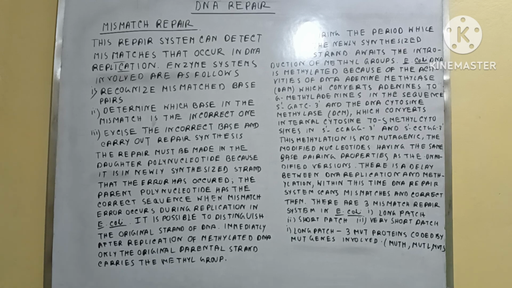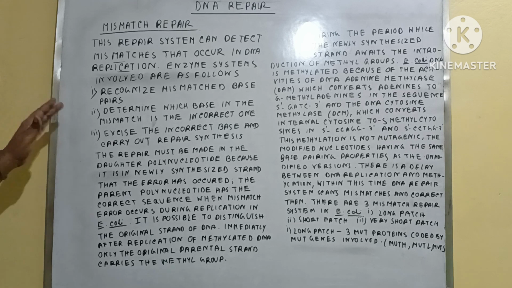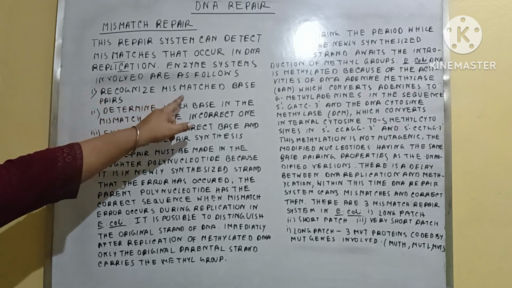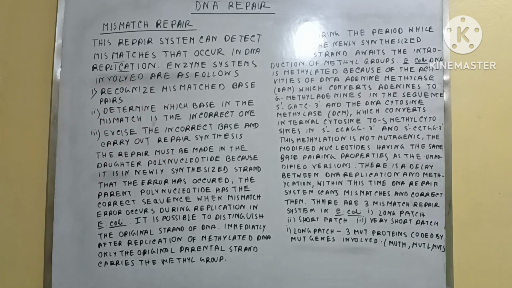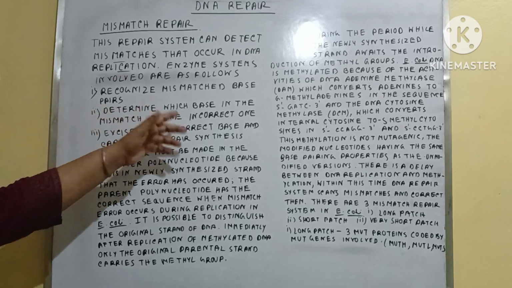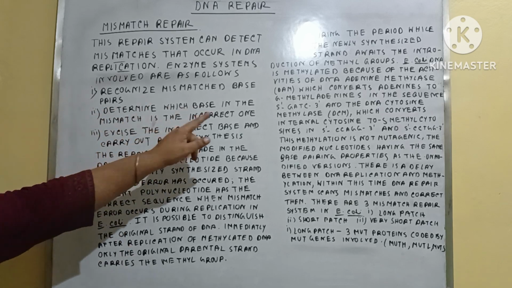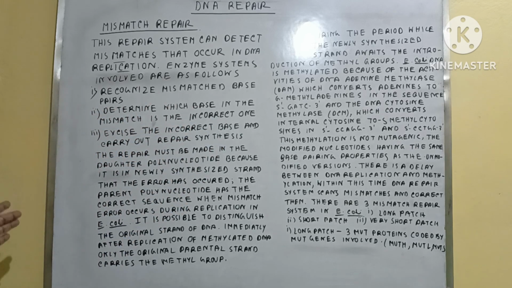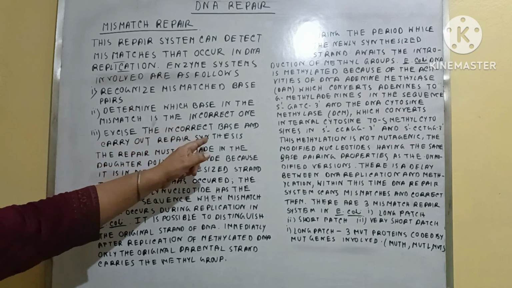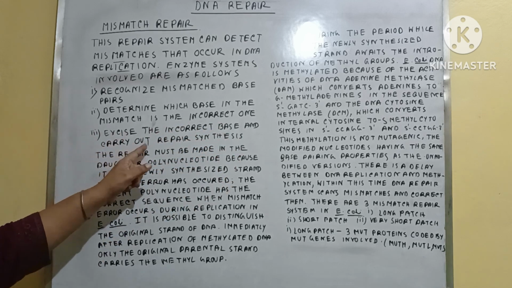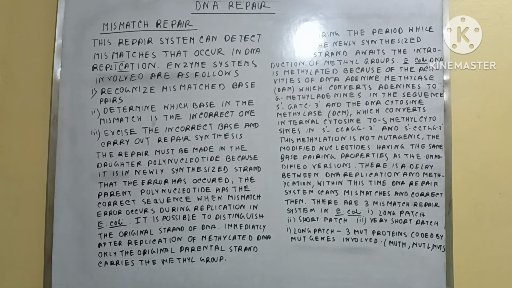And here the enzymes function as follows: first of all, they recognize the mismatched base pairs. Second, they determine which base in the mismatch is the incorrect one. And third, they excise the incorrect base and carry out the repair synthesis. There are three functions that are done by the enzymes.